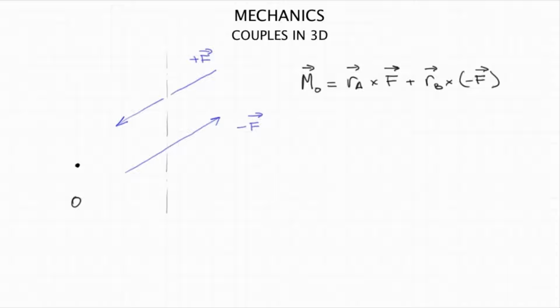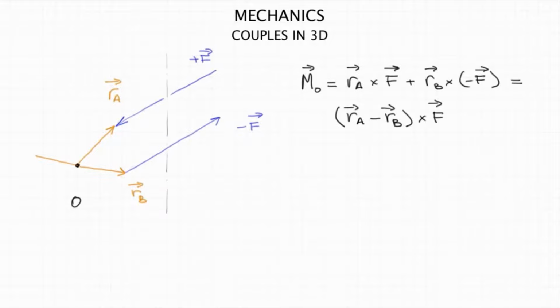So, position vector RA cross F plus position vector RB cross negative F, where these position vectors start from the point O, the point about which we sum the moments, to any point along the lines of action of negative F and F. This expression could also be written as RA minus RB cross F.